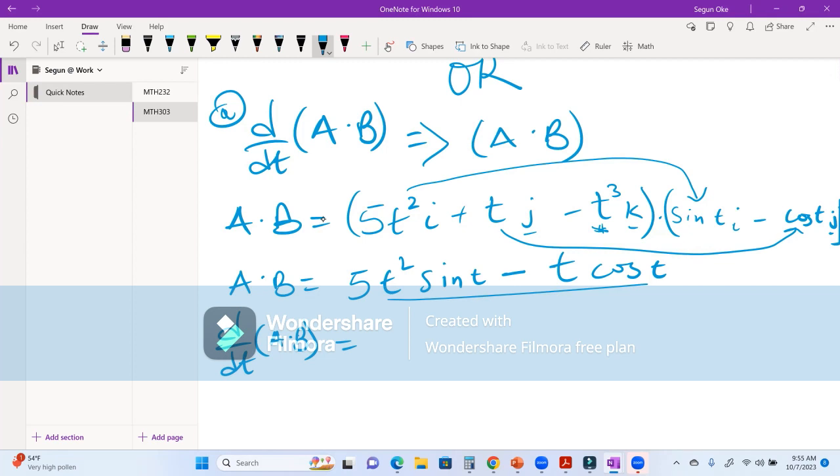Should we first differentiate t before we differentiate sine, or differentiate sine and hold t constant? Let's hold 5t squared constant and differentiate sine. When you differentiate sine, what do you have? Cos. Right? Then I will hold sin t constant and differentiate t. I'll have 10t sin t. Do we agree?